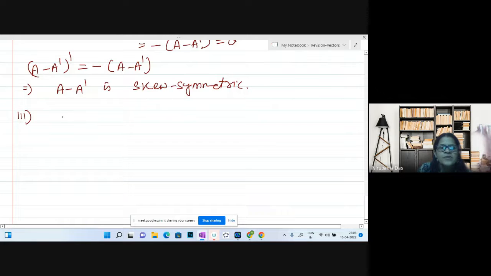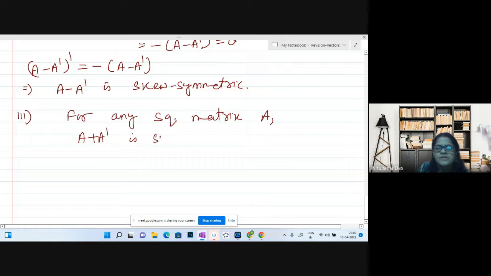So now we have proved that for any square matrix A, A plus A transpose is symmetric. And we also have proved A minus A transpose is skew-symmetric. Just now we have proved it.